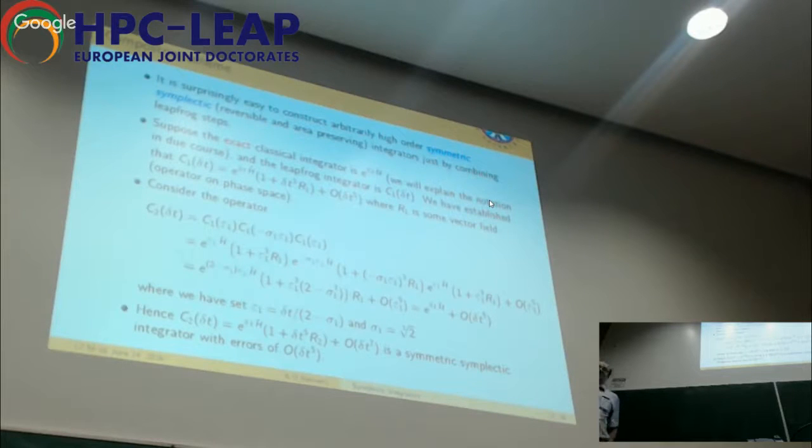As I said, it's obviously symmetric. It's also obviously symplectic because each individual step is symplectic. In other words, the Jacobian, the measure, is preserved by the integrator because the measure was preserved by each individual step. We'll come back to a little bit more detail later. So, just by this trick, this kind of wiggle, we've constructed an integrator which has errors only of order delta tau to the 7.